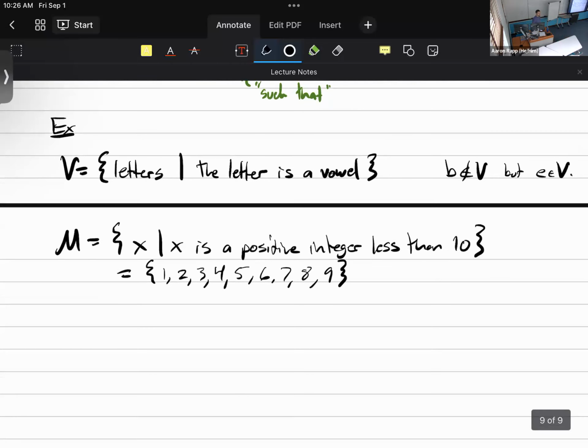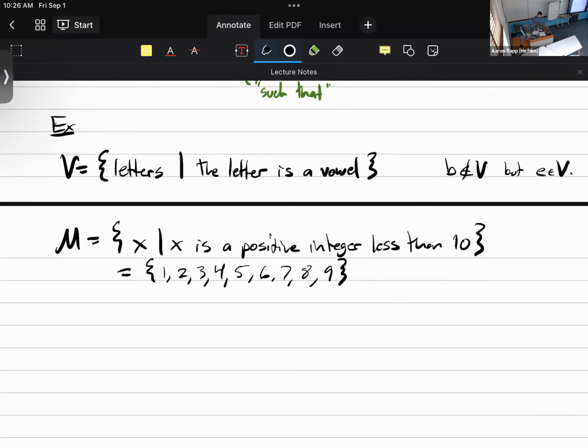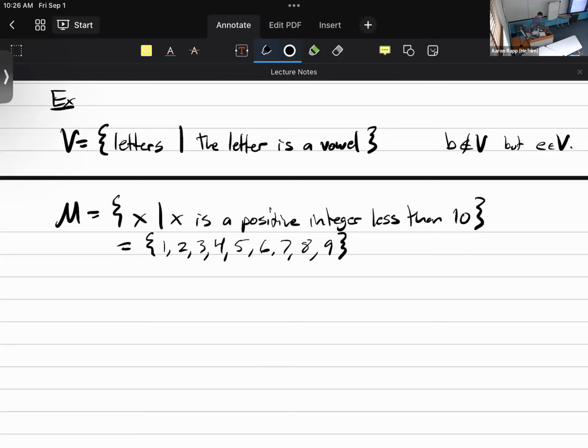There's so many elements in that set, you don't want to write them out, even if you potentially could. So, for example, especially when we have to deal with infinite sets, preferred.